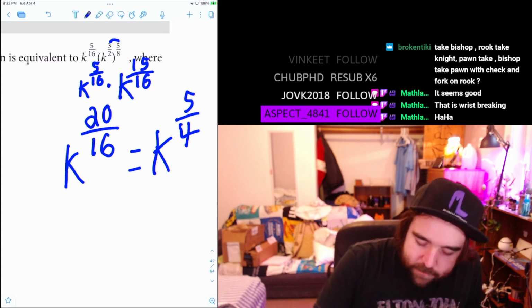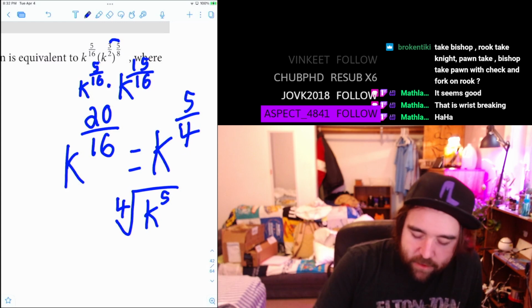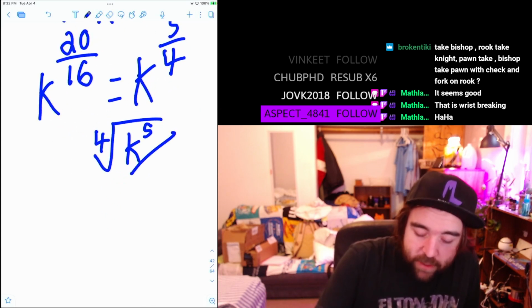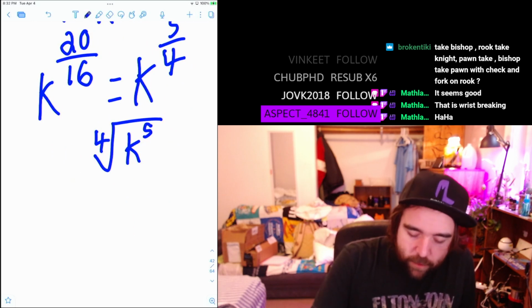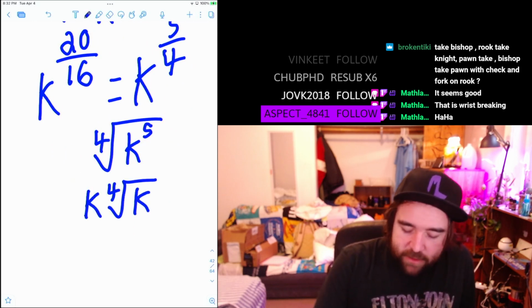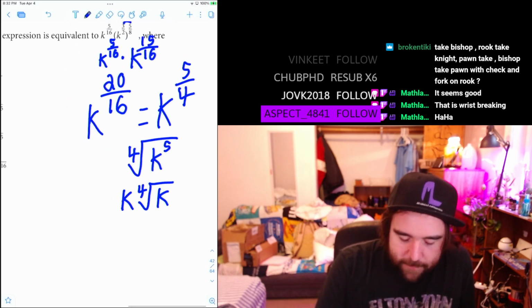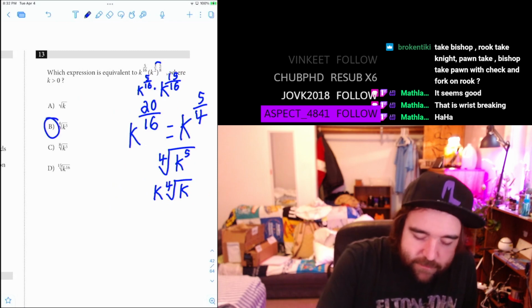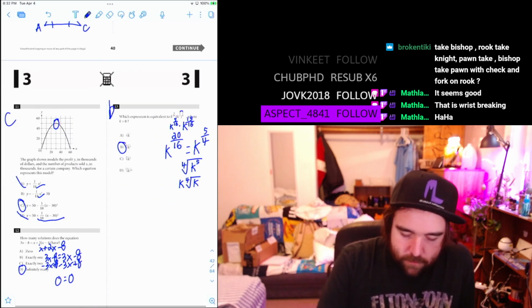That's what you remember. So this is the fourth root of k to the fifth. If we wanted to simplify it, we could pull some of these out because there are 4 k's in here, right? So we could pull one k out and say that that is still left there. I don't think that's actually what they want us to do, though. They just want us to leave it as this. Sweet.